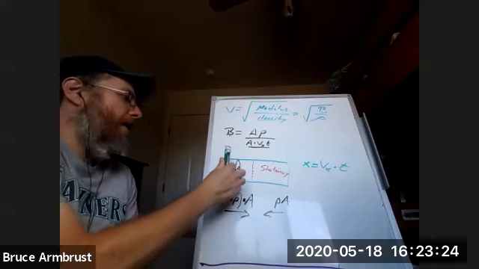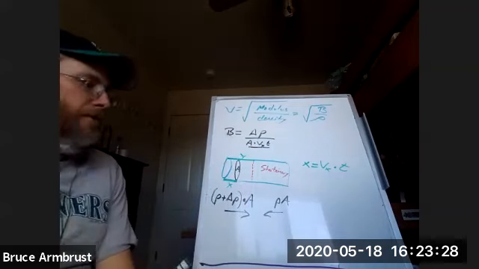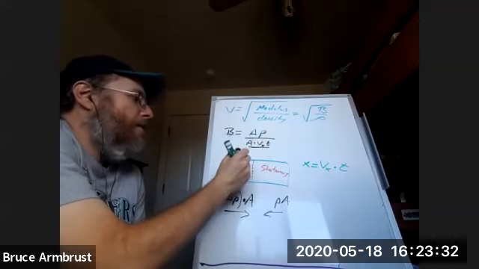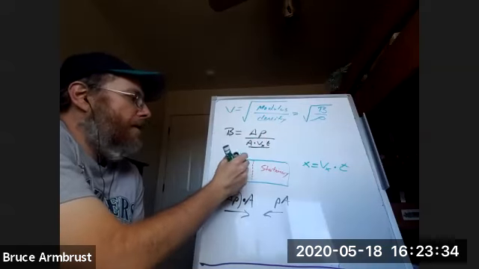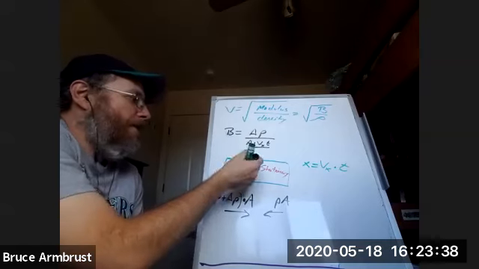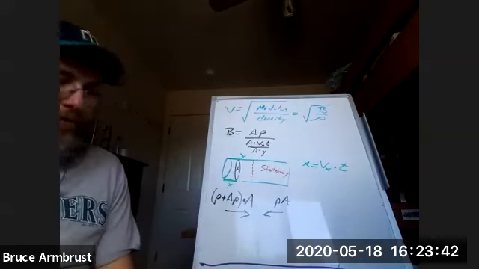Let me call it y for right now. So we'll divide that by y. But that volume is the y times that area. So we'll do A times y.